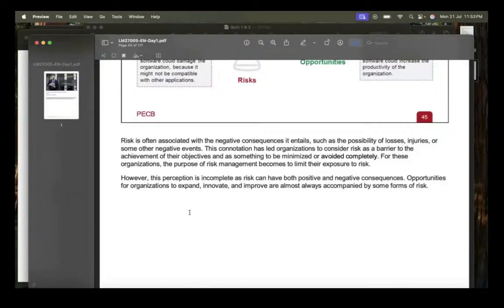So, for these organizations, the purpose of risk management becomes to limit their exposure to risk. However, it says this perception is incomplete as risk can have both positive and negative consequences. Opportunities for an organization to expand, improve, innovate are almost always accompanied by some form of risk.